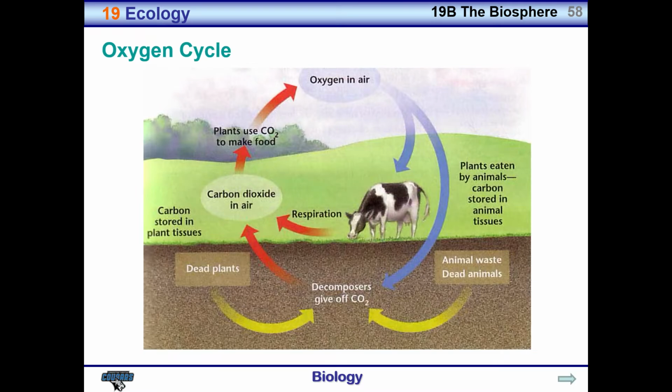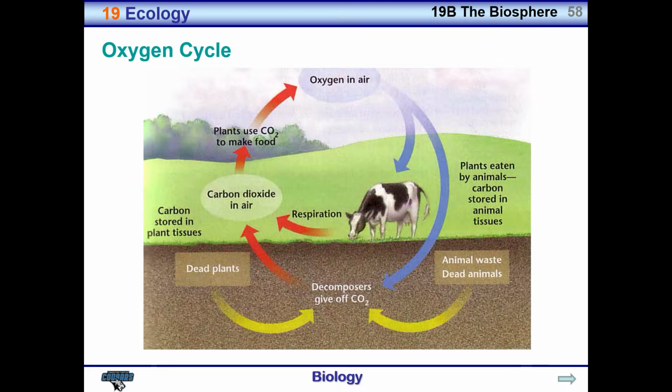So here is the oxygen cycle, and you can see there's oxygen in the atmosphere that living things, plants and animals, both need to carry on respiration. And then with respiration, when we exhale, plants and animals both give off carbon dioxide, and then plants will use this carbon dioxide to make food, and also a byproduct of that is oxygen.